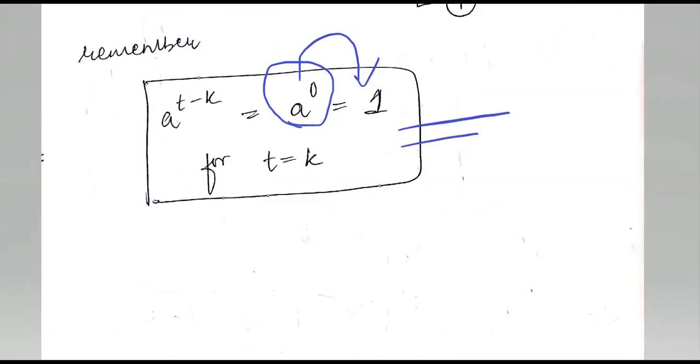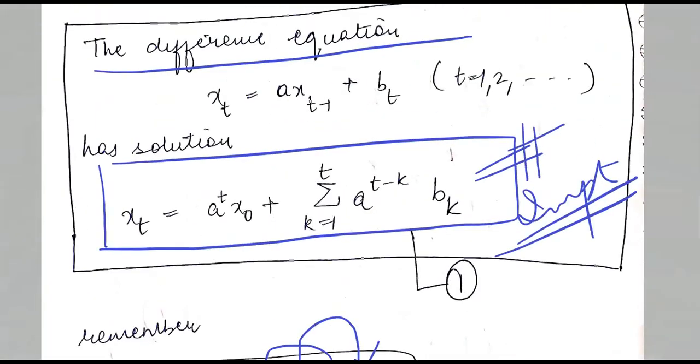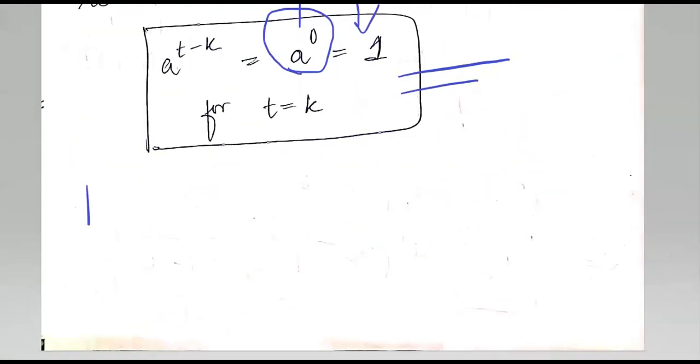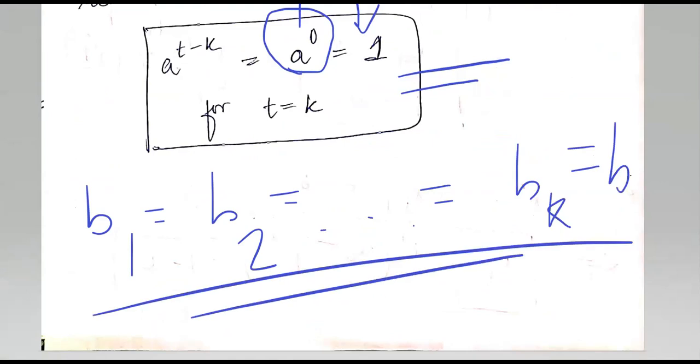Now, suppose this is the solution that is given to you, and the second part of the question asks what happens if the values of b are equal. Suppose b1 is equal to b2 is equal to bk, and this is equal to a constant b. Then what is the solution of the difference equation?